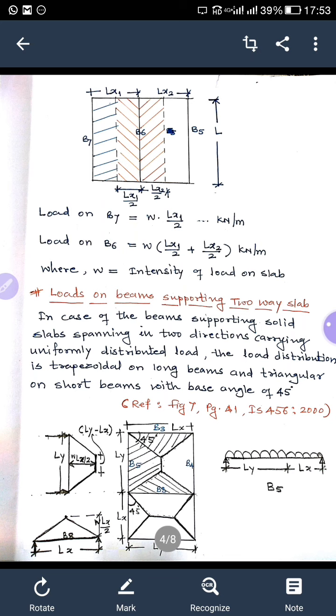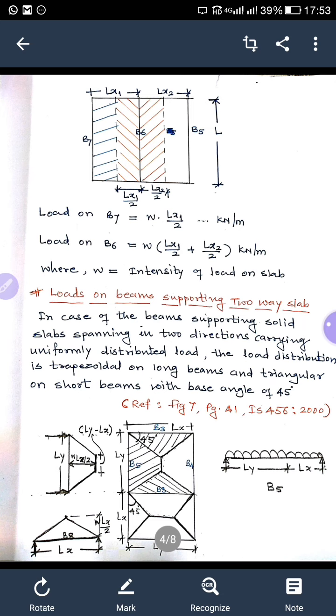In this way, the load on beam B6 is W, again the intensity of load on slab, into Lx1 by 2 plus Lx2 by 2. We are not going to multiply it by total L because we want it in kilonewton per running meter. So this is what simple half of the area of the slab gives as load on a particular beam in case of one-way slab. Now let us consider two-way slab.